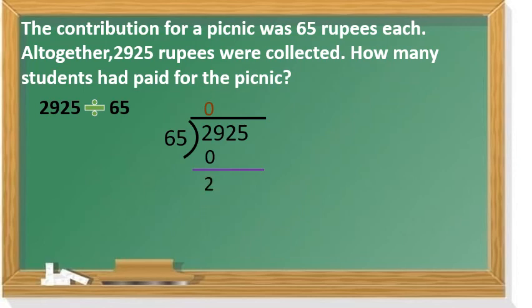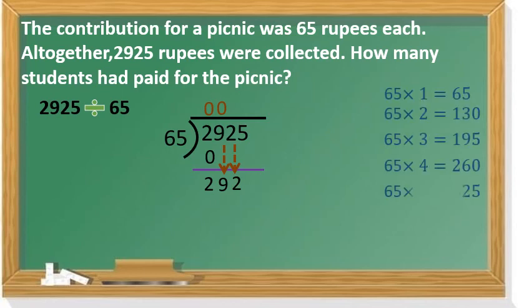Now, 2 remains. Now we will take 9 down. But 29 again is smaller than 65. So one more zero. I will take 2 down. Now 292 is larger than 65. Now I need the table for 65.